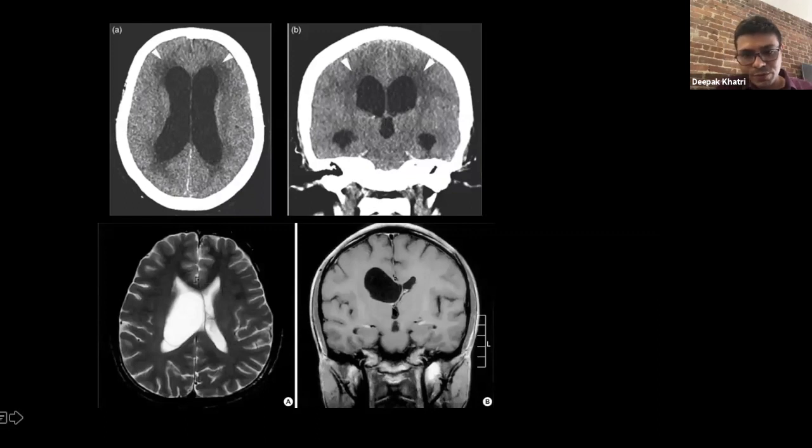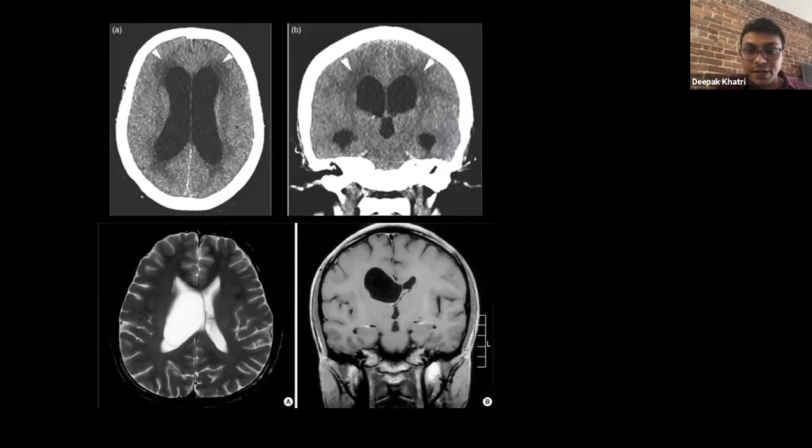As opposed to the pictures below, you are able to appreciate that the right side lateral ventricle is more dilated as compared to the left side. So there has to be some block at the level of foramen of Monro on the right side. So just by looking at the picture, you are able to guess the location of the pathology.